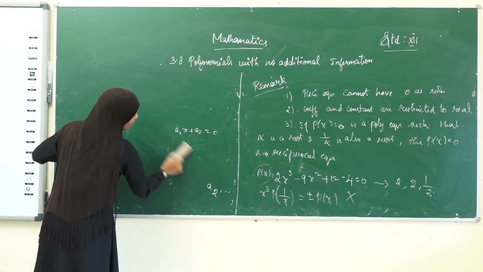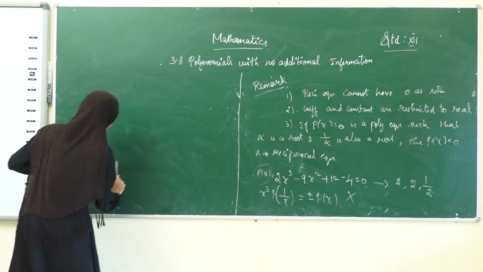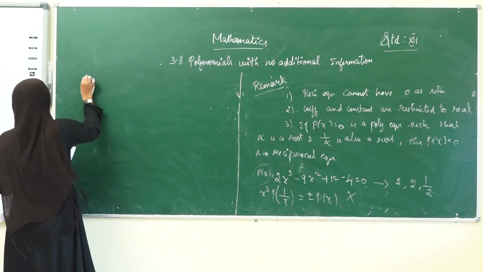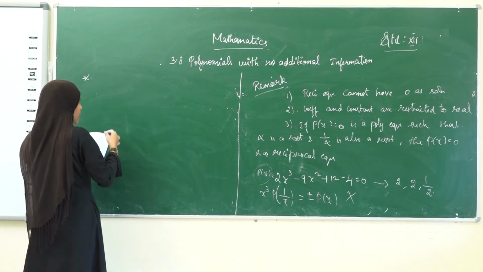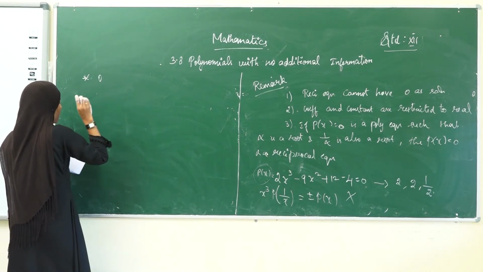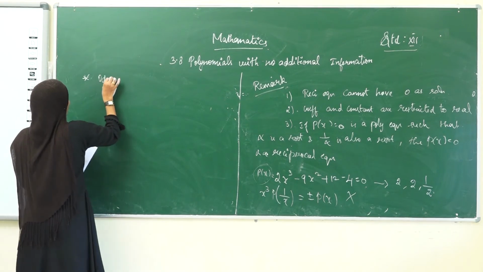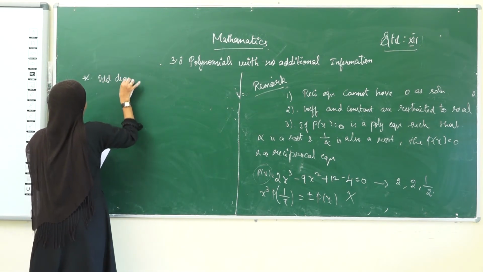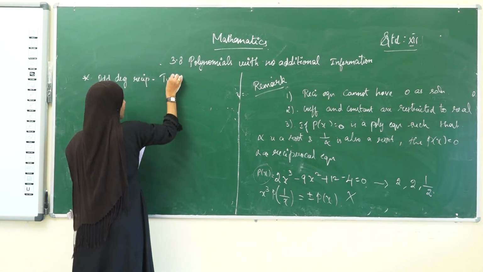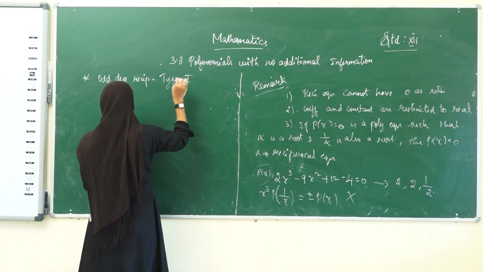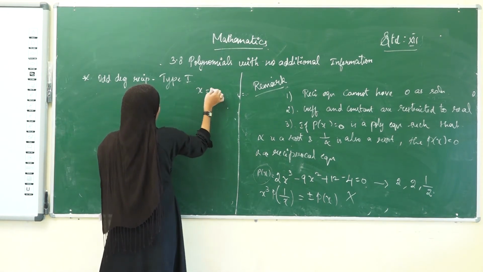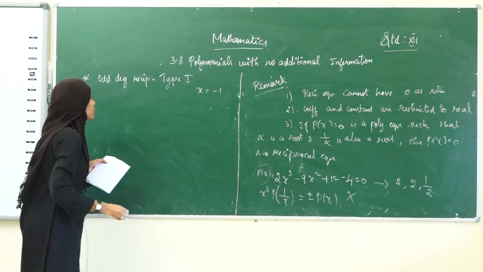Also, they have given 4 important points which should make it easy for you to find the solutions of reciprocal equations. See here, for an odd degree reciprocal equation of type 1, one of its roots will be minus 1.